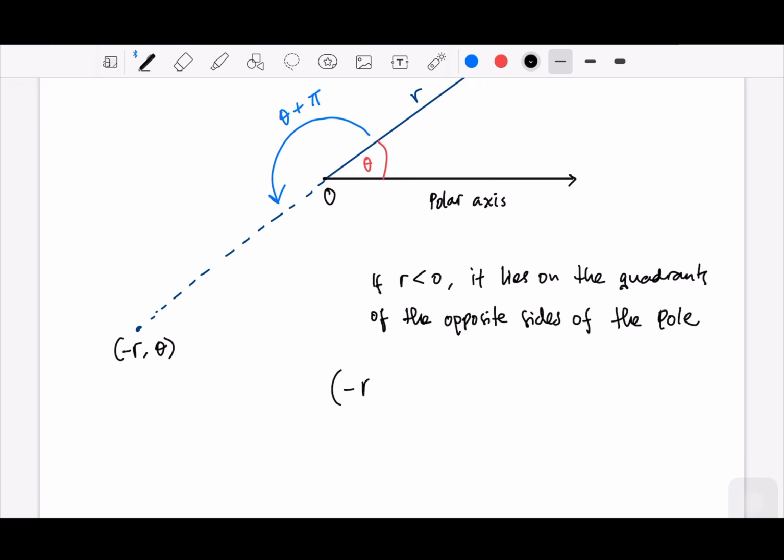This is actually the same thing as r, and then you just add pi to theta. Remember that sine and cosine have different values in different quadrants. This is actually a similar thing.